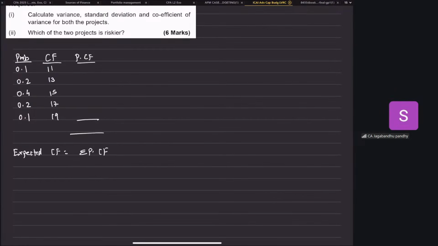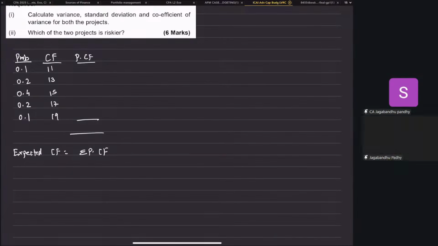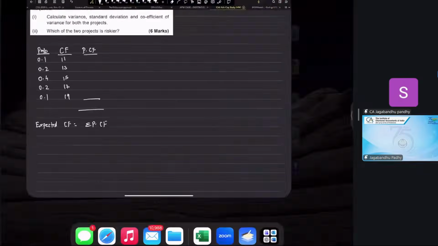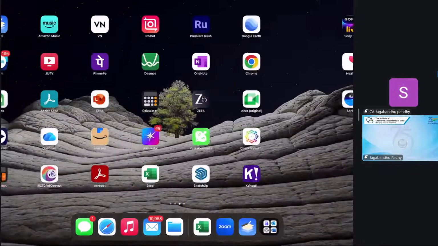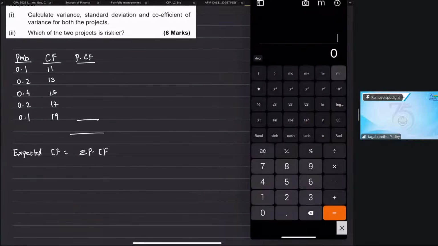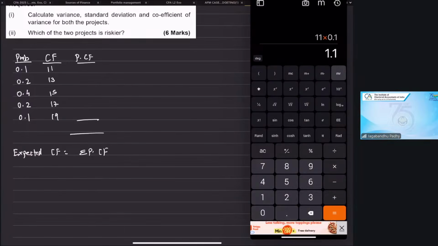So let's calculate the total of probability into cash flow. 15, yes, 15. Okay. 11 into 0.1 is 1.1.